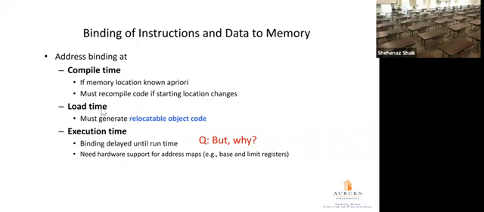That will have some impact, and it may not even be feasible or practical for all possible applications. But that is possible if we perform the binding at execution time.